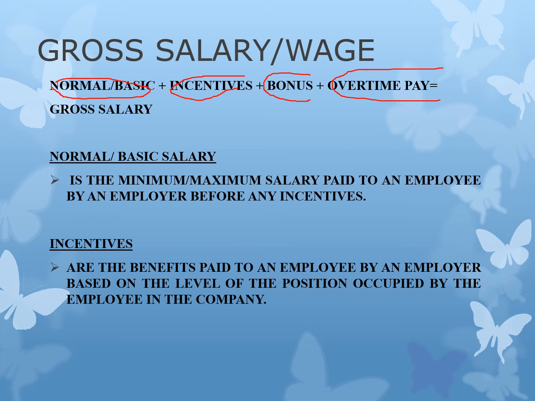So basic salary or normal salary plus your incentives plus your bonus plus your overtime pay give us the gross salary. Normal or basic salary is the minimum salary paid to an employee by an employer before any incentive or any bonus or any overtime.